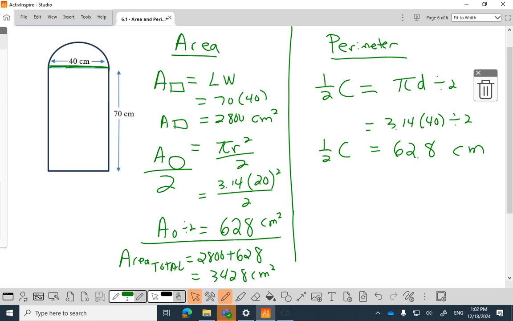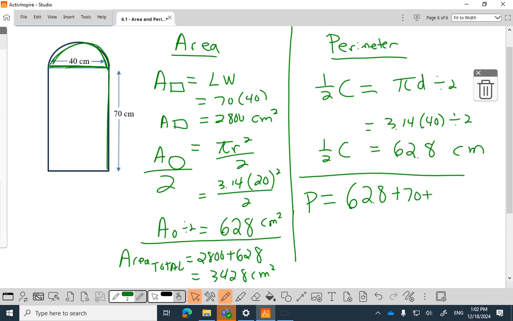Half the circumference is 62.8. Now I'm ready. Perimeter equals 62.8. Who can tell me the rest? I need the half circumference plus what? 40? No, 40's not around the outside. 40's on the inside. Only one 40 is on the outside. What's this side? 70.